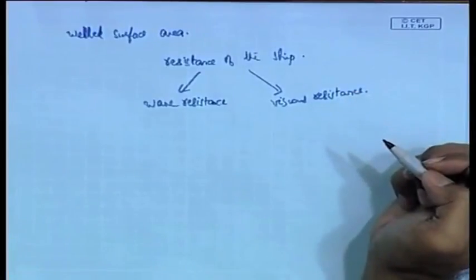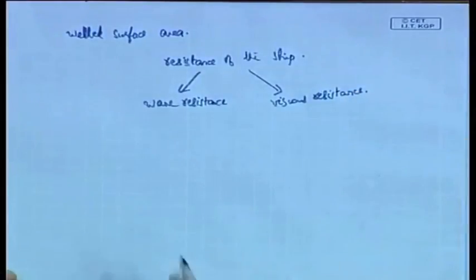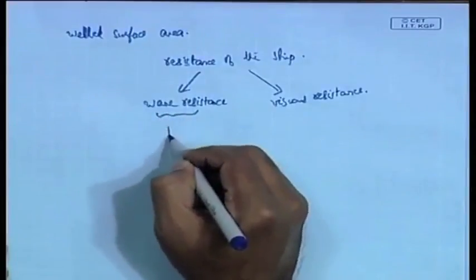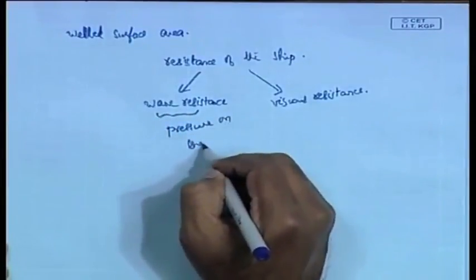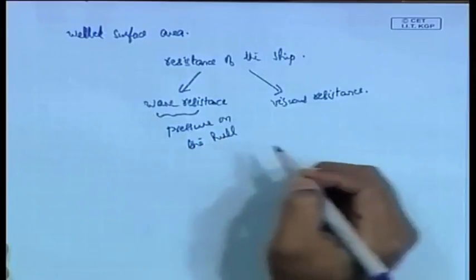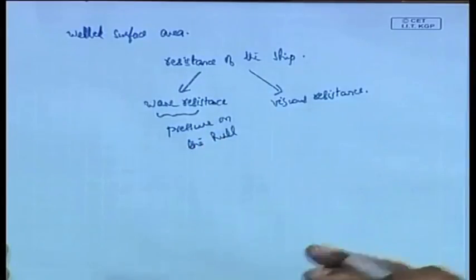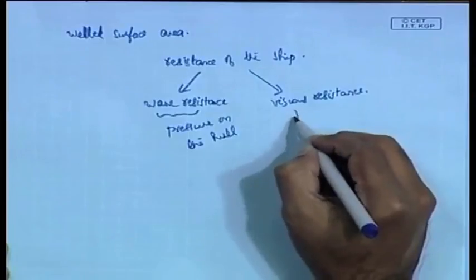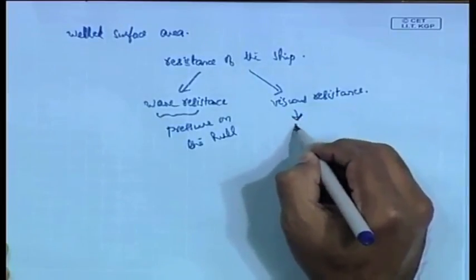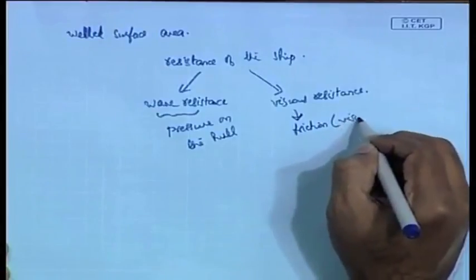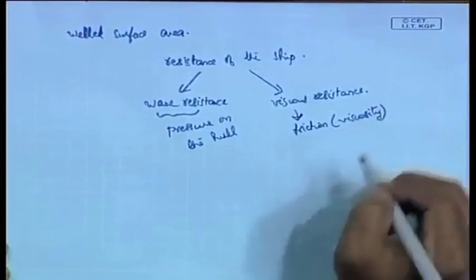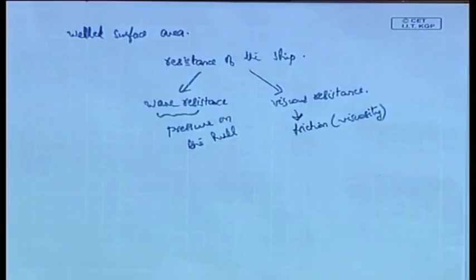The wave resistance is due to the pressure on the hull, and the viscous resistance is due to the friction or viscosity. So, these are the two types of resistances you encounter in ships.